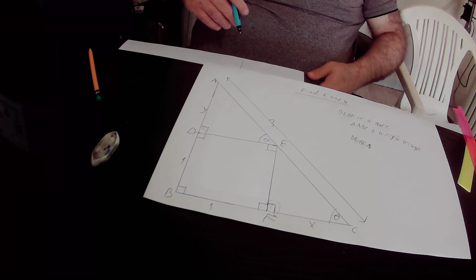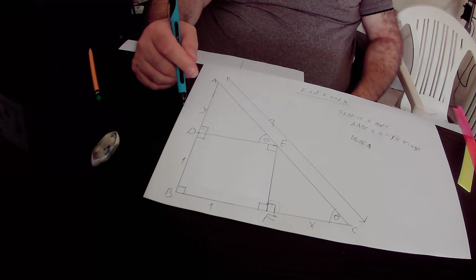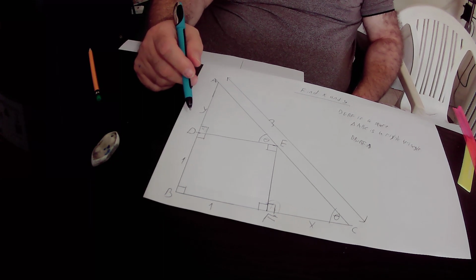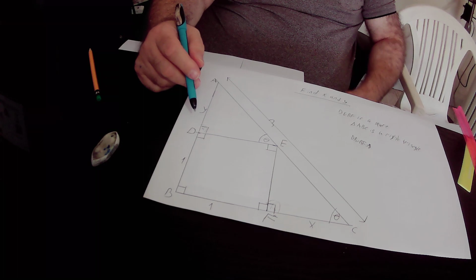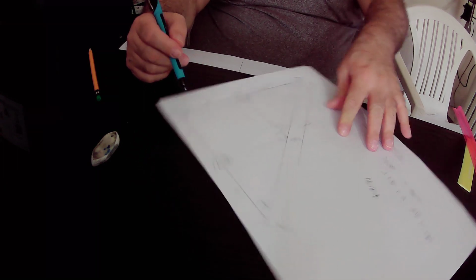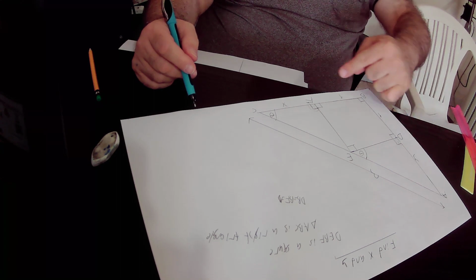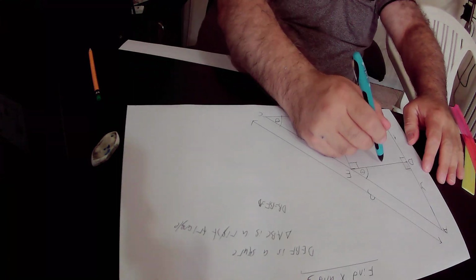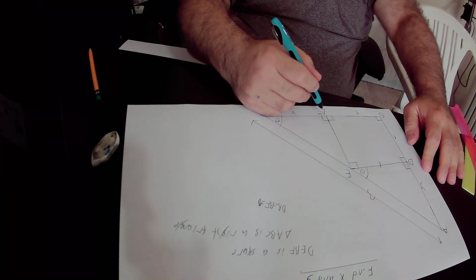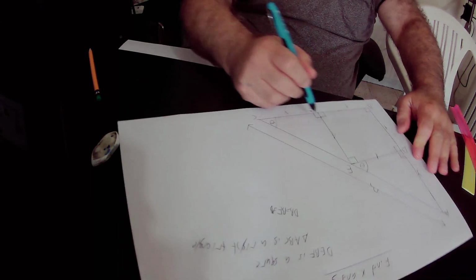And we know that all the sides of a square are equal to each other, so DB equals 1, BF equals 1, so DE will also equal 1 unit, and EF also equals 1 unit.